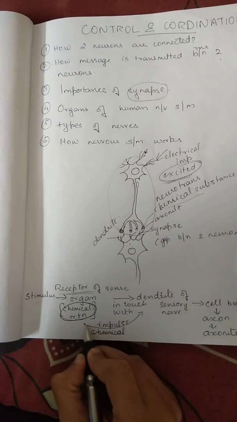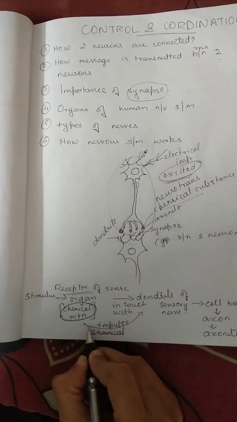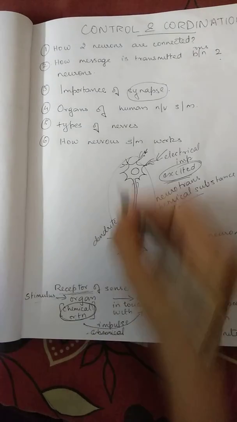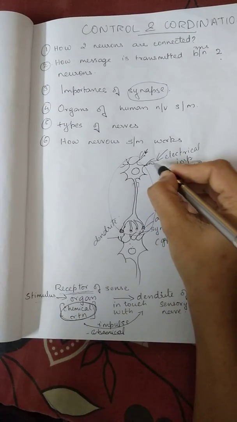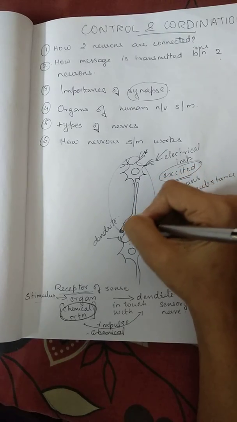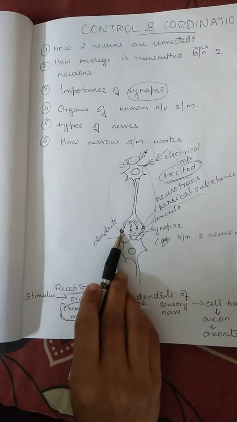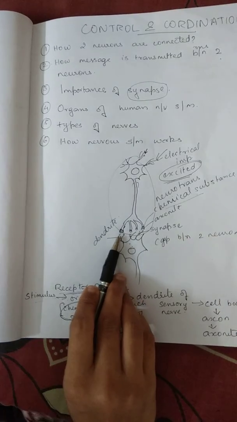So the electrical impulse which is generated will go to the dendrite of the sensory nerve. From the dendrite, it travels to the cell body, and through the axon, it travels to the axonite. And then what happens from the axonite? In the synapse, what happens?